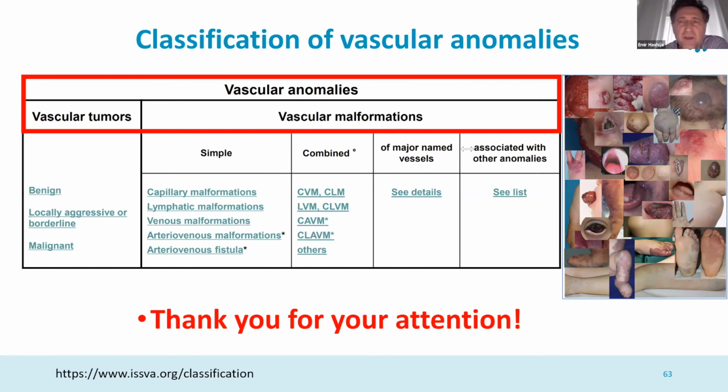Okay, but if I can add, if the information from the parents is not clear, which of course can be the case, that you have a patient with a big hemangioma and you are not sure, and the parents don't tell you if it was present at birth or not, depending on the age of the patient.